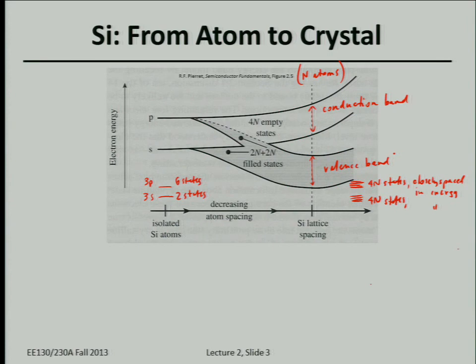So in the bond model example, we have electrons participating in covalent bonds. This represents all the energy states of electrons in covalent bonds.